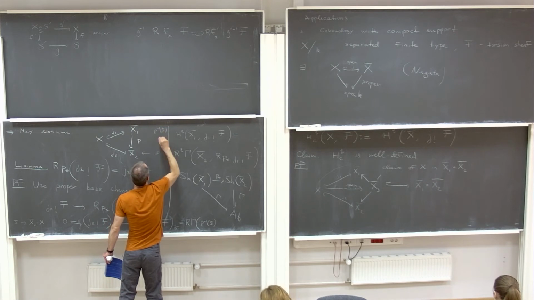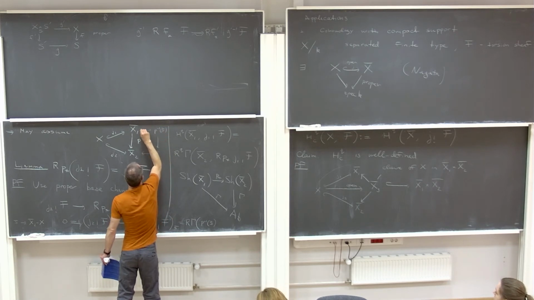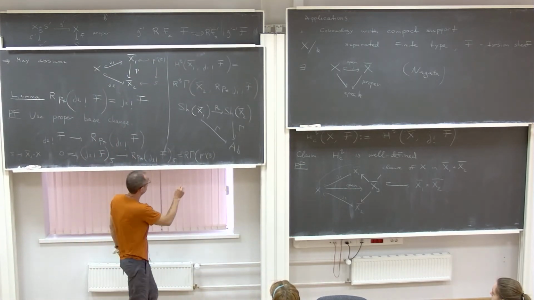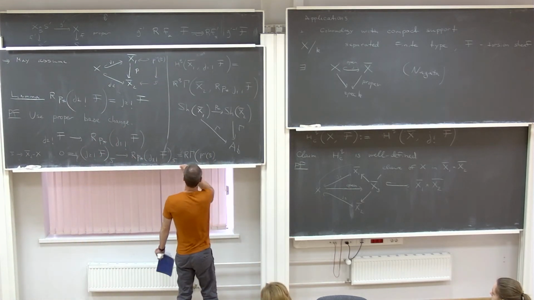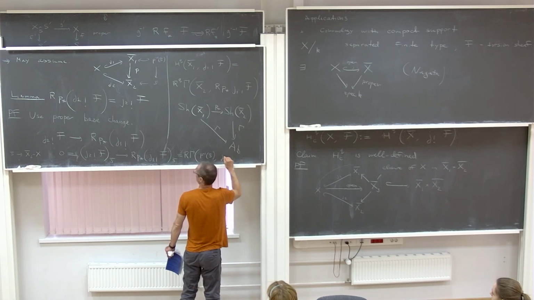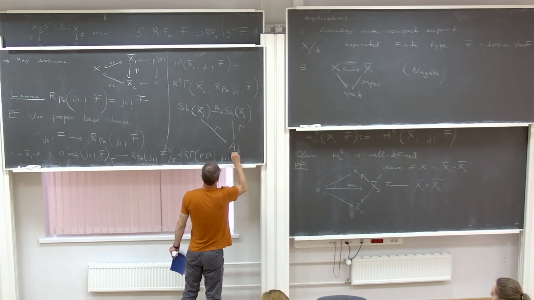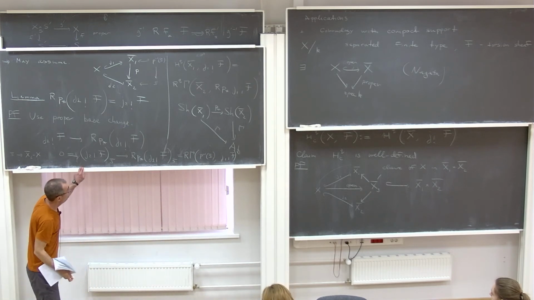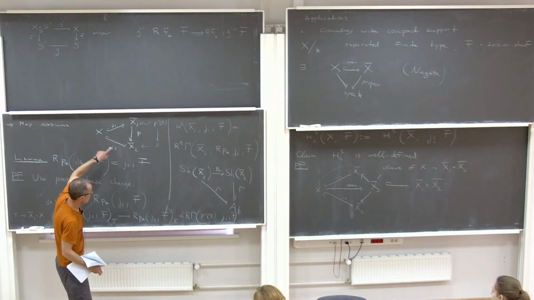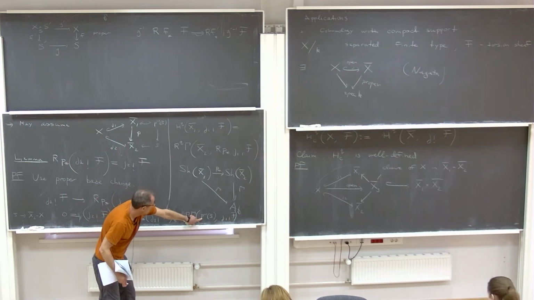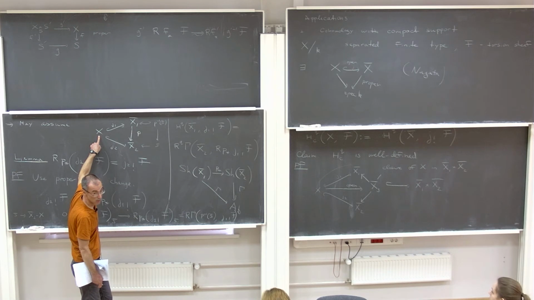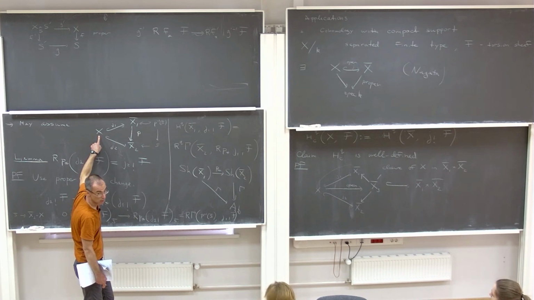That's the fiber, with coefficients in this sheaf restricted to the fiber. But look, this fiber does not intersect X, by construction.